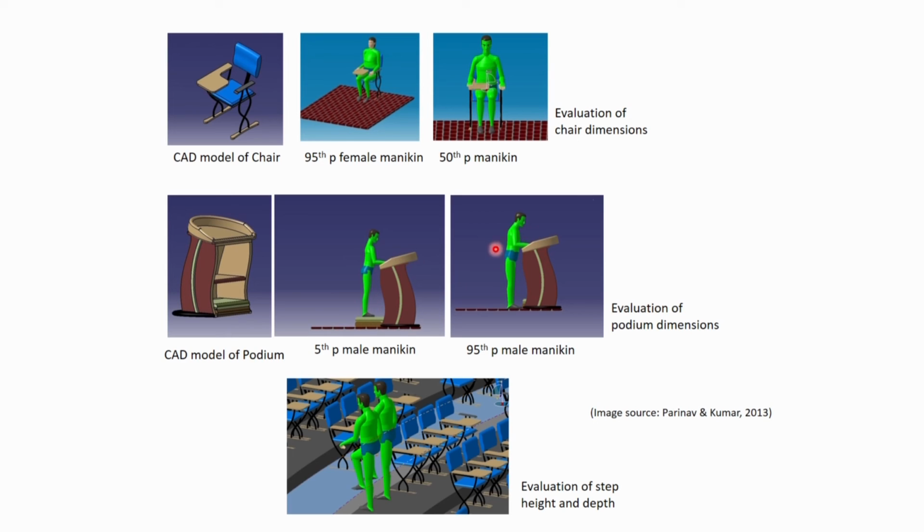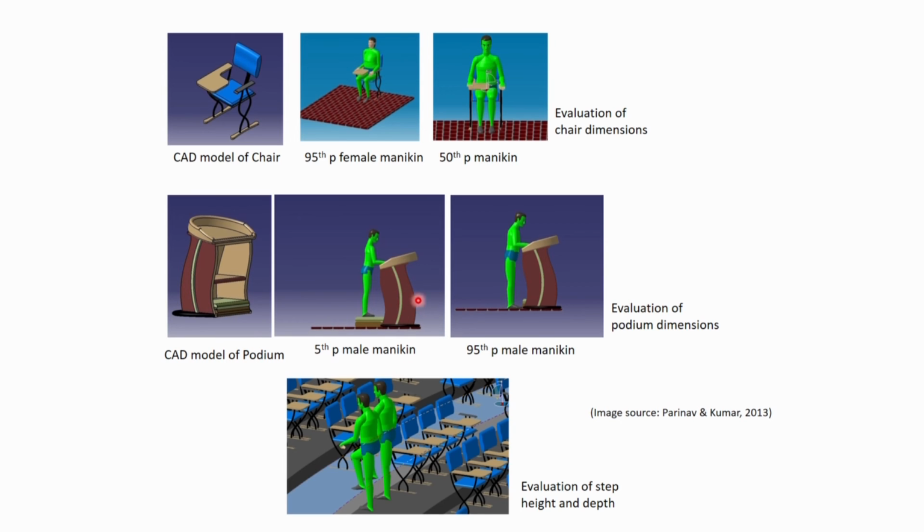The people with larger stature can stand on the ground, but those whose body dimension is shorter can use this type of supporting steps which are stacked at the bottom of the podium.